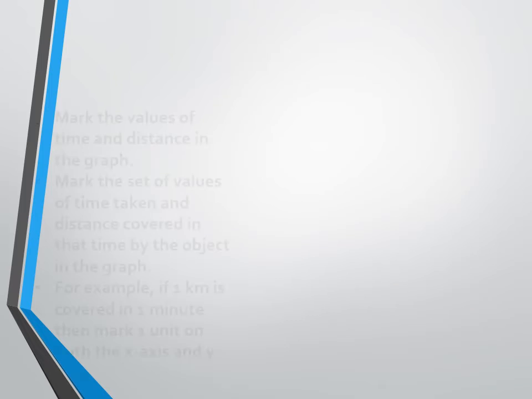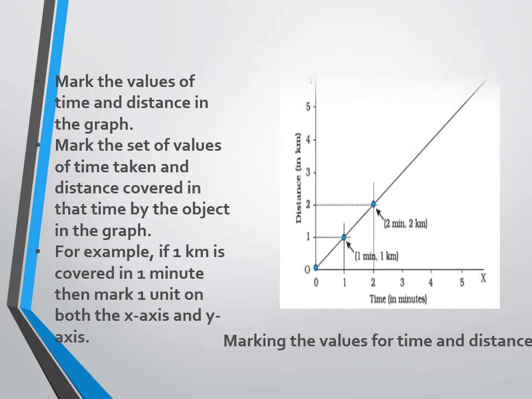So we need to mark the values of time and distance in this graph. For example, 1 kilometer is covered in 1 minute. Then we need to mark 1 unit on both the x-axis and y-axis, marking the values for time and the distance.